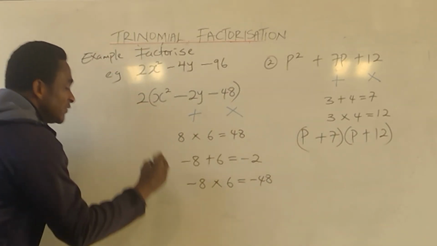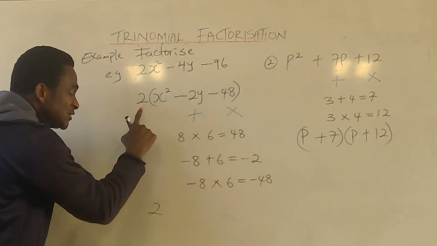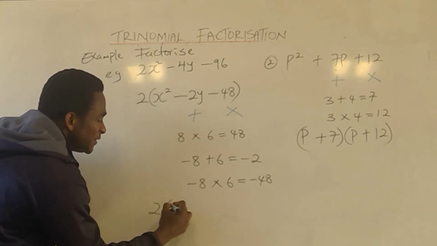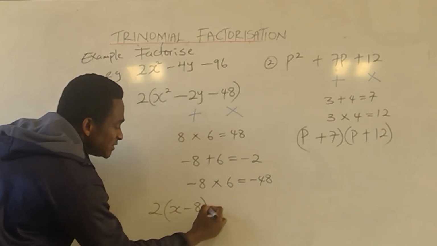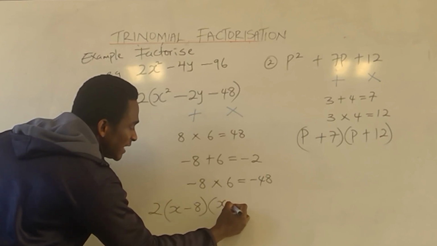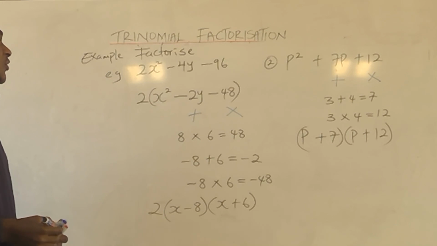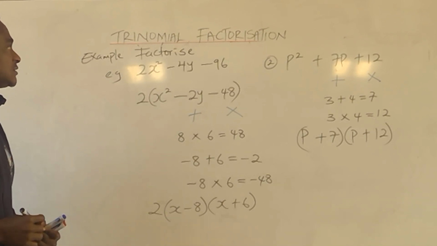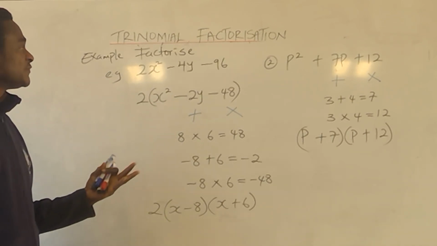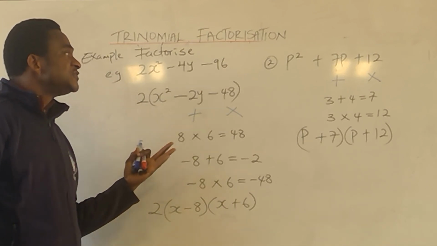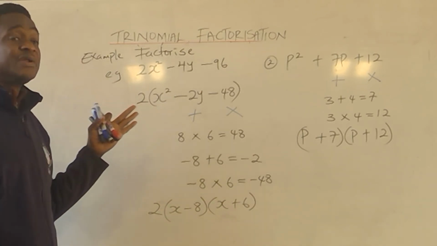So the factors of this expression, please do not throw away the 2, will be 2 into x minus 8 and x plus 6, fully factorized. So this is the method we use in trinomial factorization when the coefficient of the highest degree is 1.